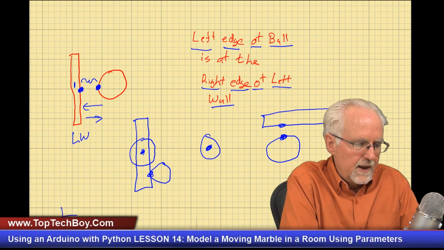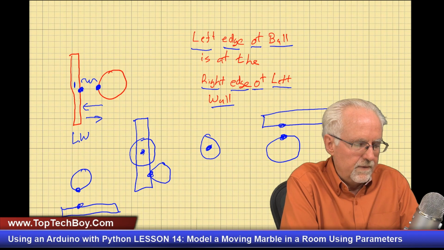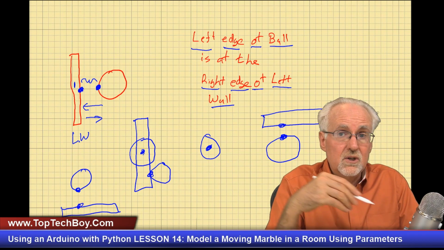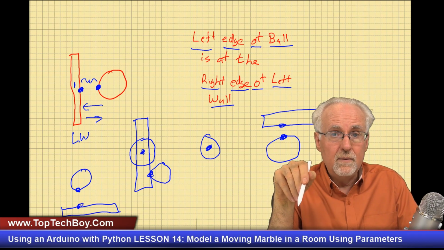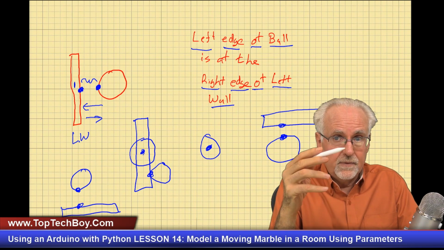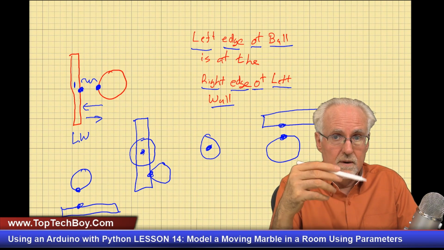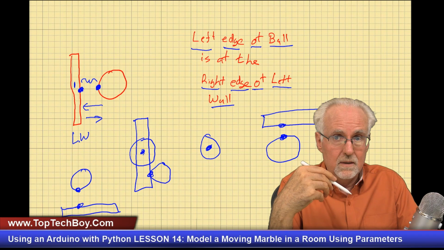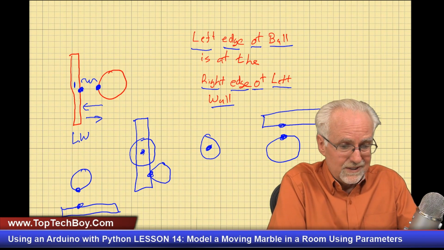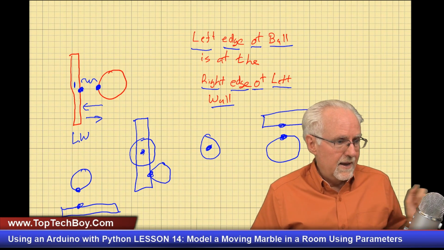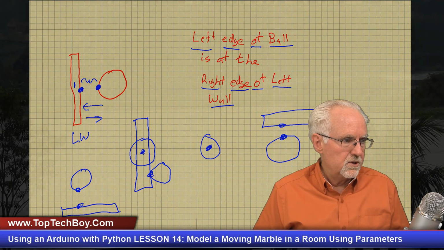And you're going to have to worry about things like the bottom of the ball and the top of the floor. All right, so sort of what I did, left wall, right wall, you're going to have to do that. Ceiling, floor, front wall, back wall. Does that make sense? But I promise you, guys, I have done the hard part for you, and you should be able to figure the rest of this out.